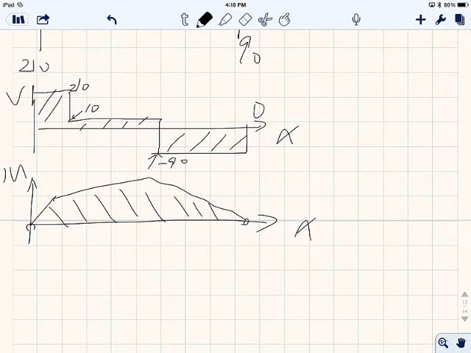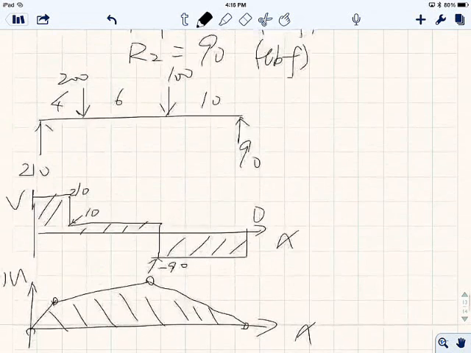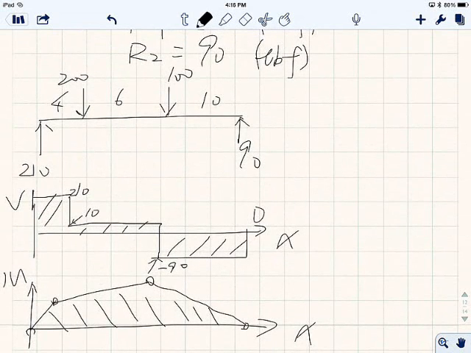Now, if you want to calculate the values here, these two values, it's just the area, right? So that's easy. That's pretty much it. So we know the maximum shear force is 210 from here to here. The maximum bending moment is right here at this point where the second force is applied. These are the points we care the most about when we do mechanical design.